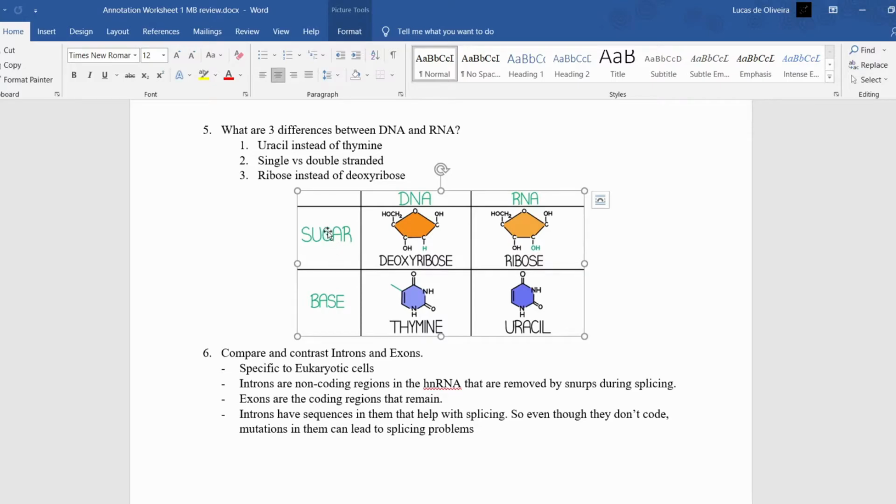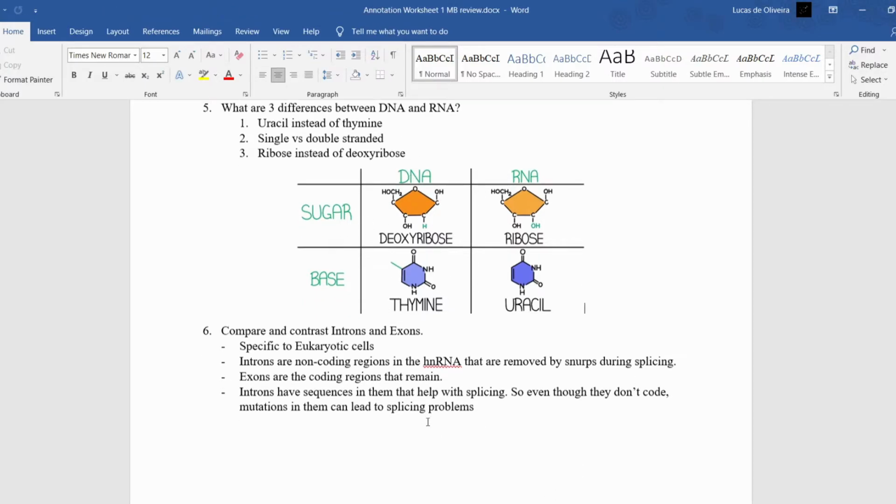The deoxy is lacking an oxygen, and that's why it's named this, because there's an extra oxygen on the ribose. If you're familiar with chain termination sequencing, you can have dideoxy, where you lose both of the hydroxyl groups, which is interesting. Just to keep it basic, these are the main differences between DNA and RNA, good to review. Don't worry about the structures of any of these, it's not important.